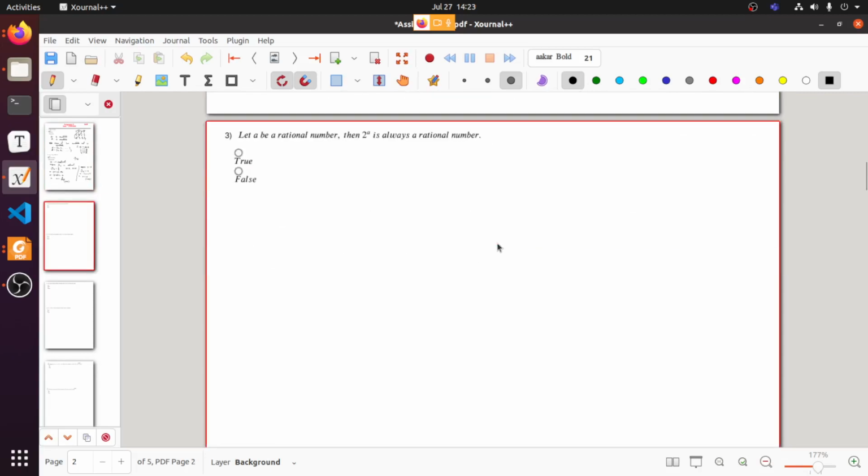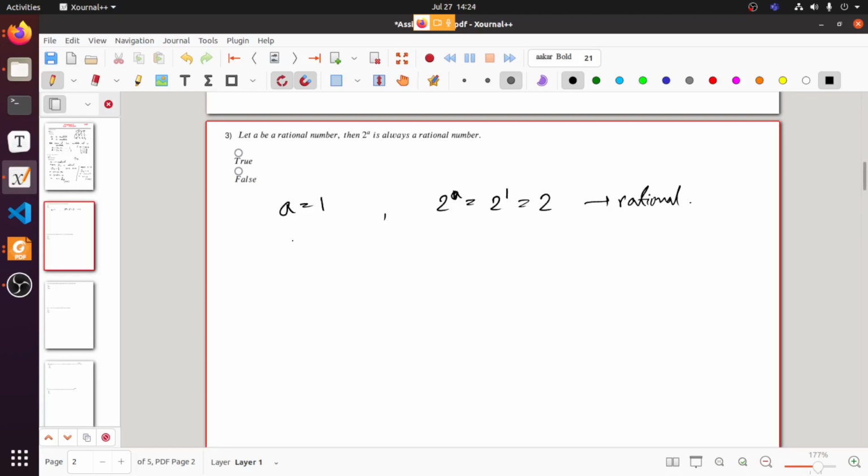Now come to the next question. Let a be a rational number. You have to say whether 2 to the power a is always a rational number or not, true or false. This will not always be true. Suppose a equals 1, then 2 to the power 1 is 2, which is rational.